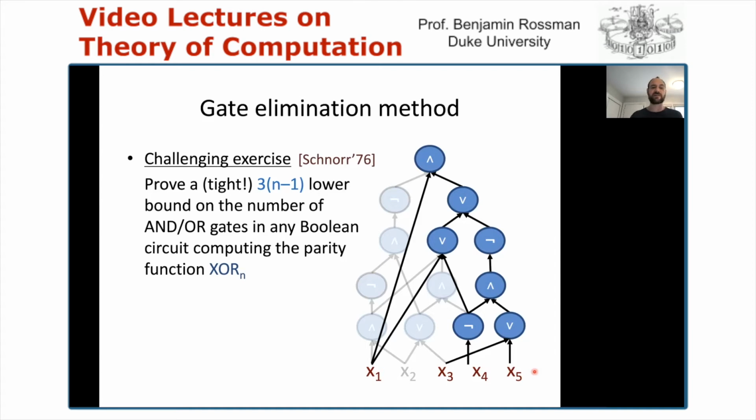We already saw earlier that 3n minus 3 is an upper bound, and you can prove that this is exactly tight using this simple argument. So this is the gate elimination technique.